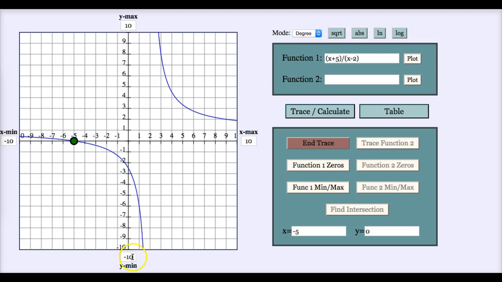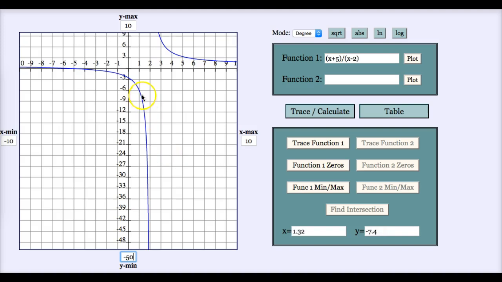Then, like I said before, looking back at this graph, my graph is negative. But if I zoom out even more, let's say to -50, you can see that this line is getting closer and closer to 2. My x values are getting closer and closer to 2, but they're never actually going to touch 2. And so it's going to be negative until 2, and then it becomes positive. And it makes a jump because of that asymptote.